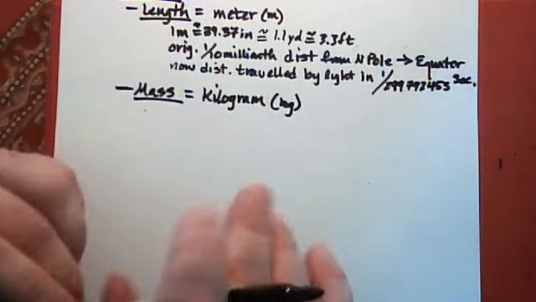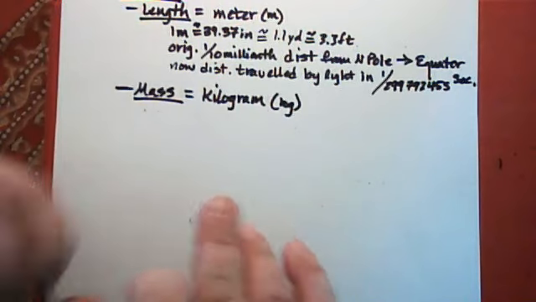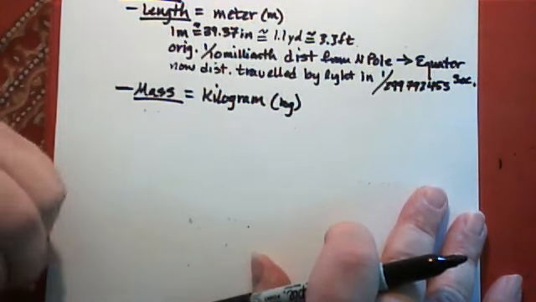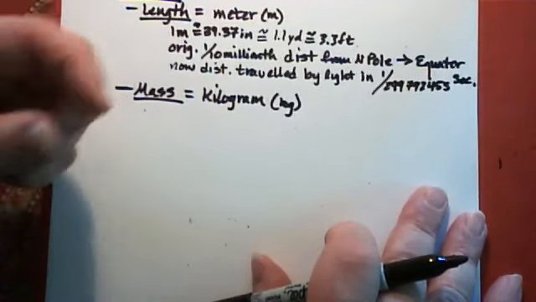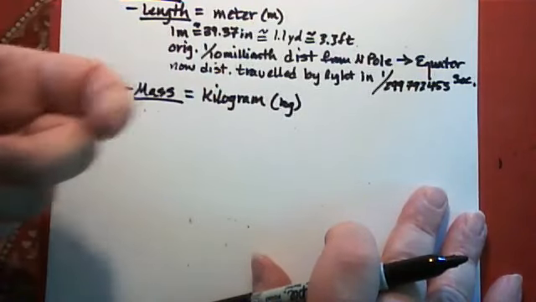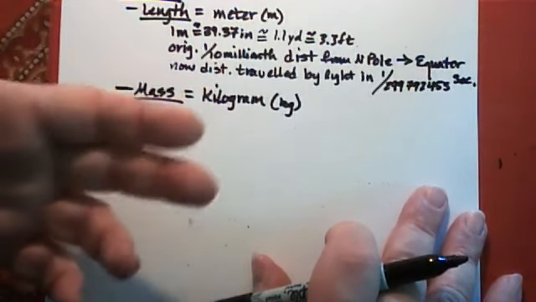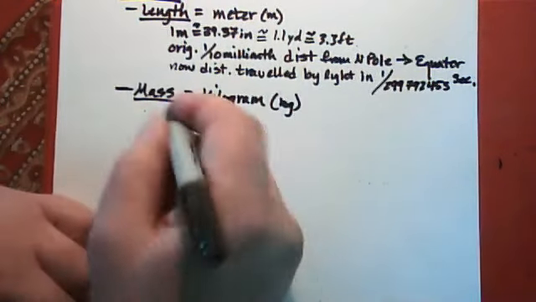And as I mentioned a moment ago, that is despite the fact that the lab balances are all reading grams, because grams are a smaller unit. A gram is about the weight, or mass, sorry, of a paperclip, whereas a kilogram is about 2.2 pounds. And we'll get to that in a moment.